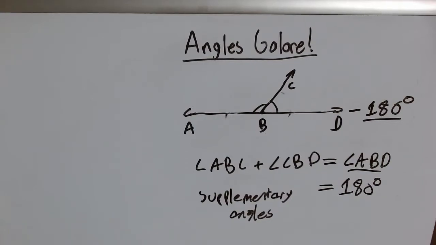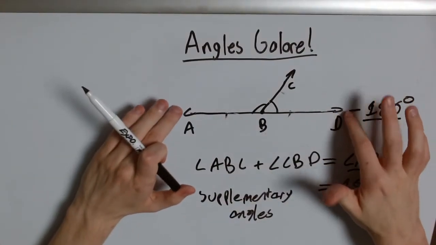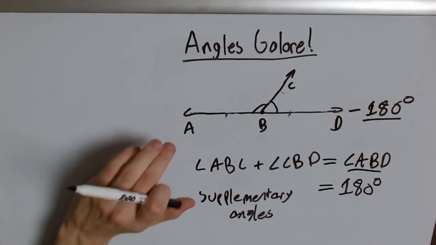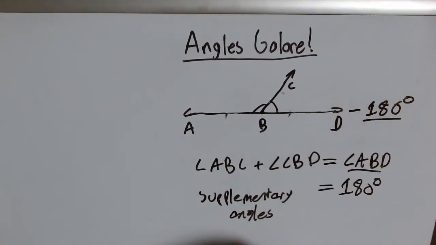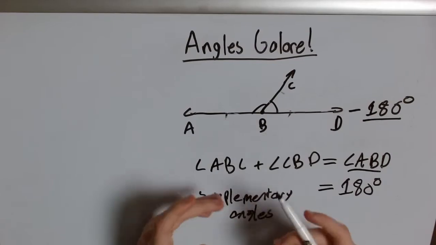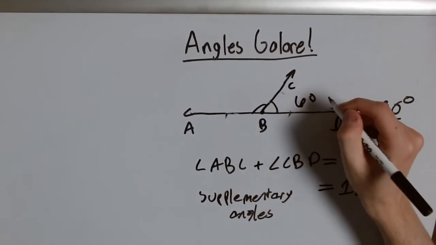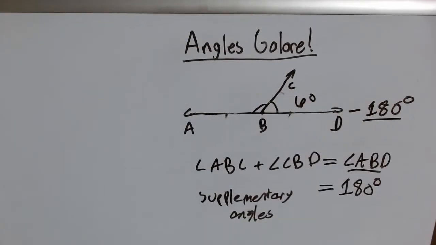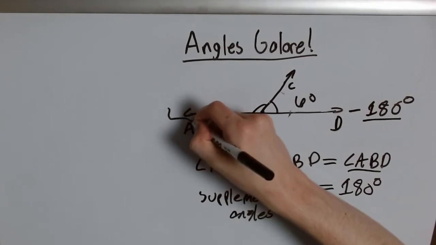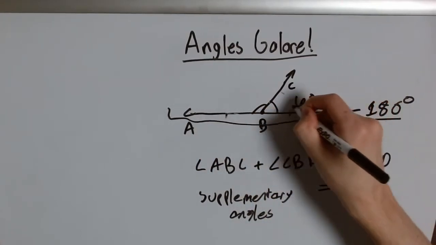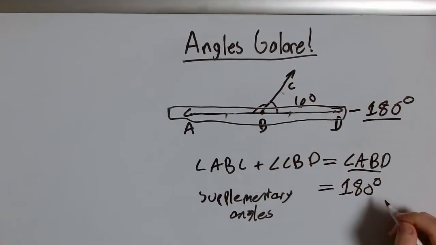How do we know that? Well, there's always a flat angle, right? This is a nice little trick you can use in problem solving. If you're given two angles like this, and let's say you know the measurement of one. Let's say I know that this was 60, right? And they say, what is the measurement of this one? You might say, well, I don't know. But you look and you say, hey, this right here is a flat angle.